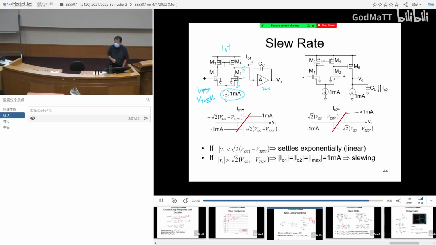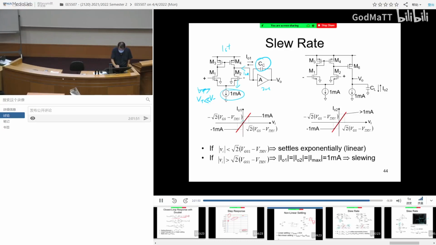It means you have already reached the maximum current, which is 1 milliampere. It also means: how much current is available to charge this CC? Only 1 milliampere. I cannot go more than 1 milliampere because it's limited by this tail current source.